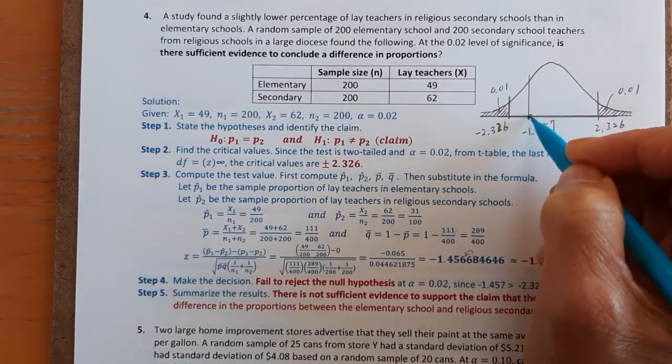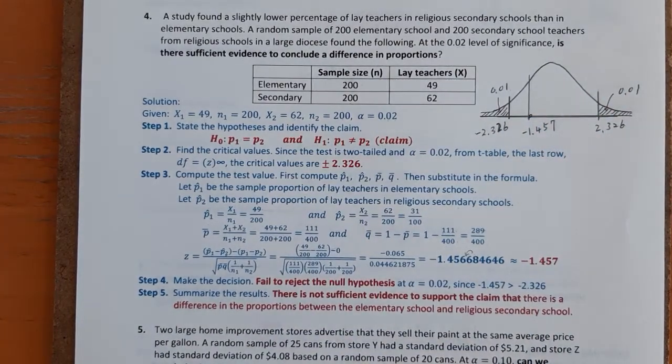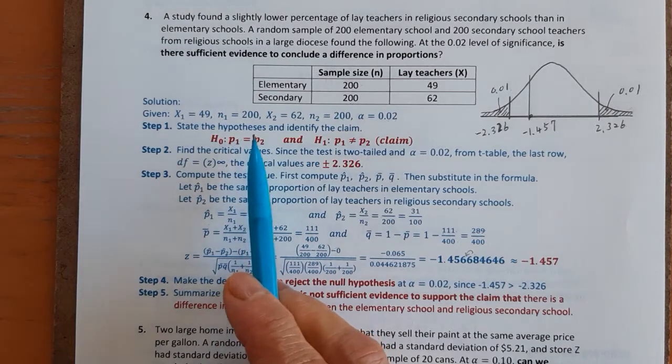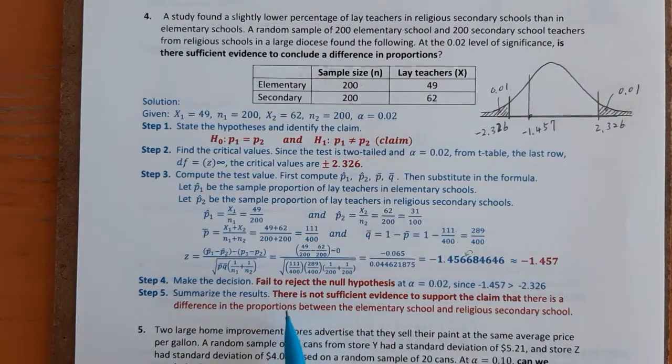So this test value falls in the non-rejection region, the non-critical region. So this sample evidence supports H0. We fail to reject the null hypothesis.